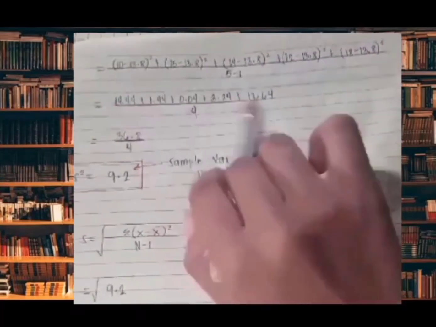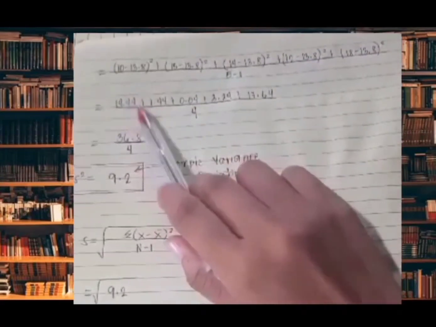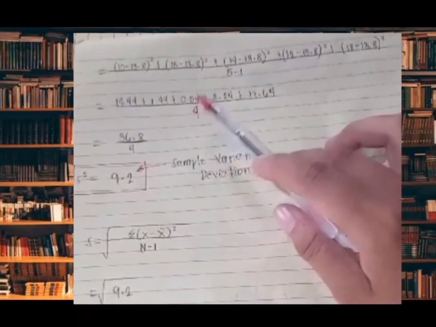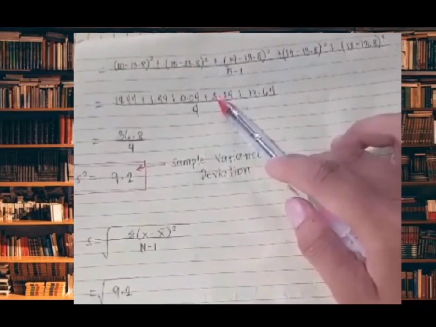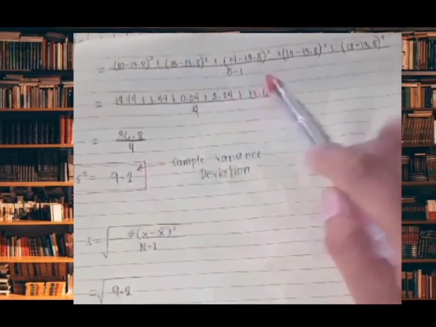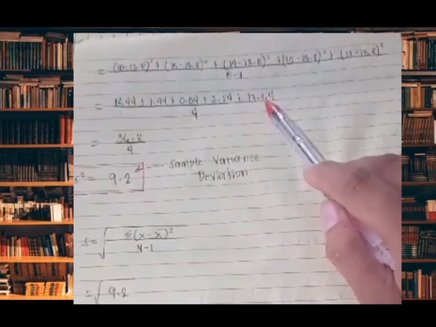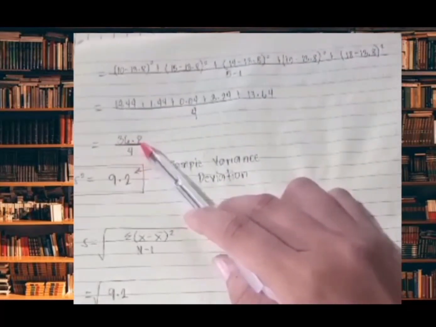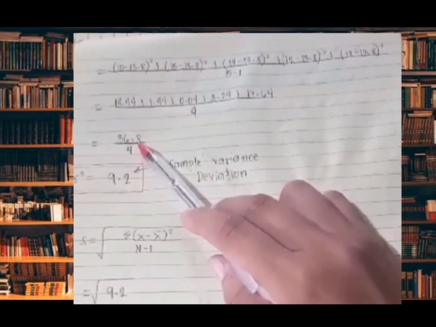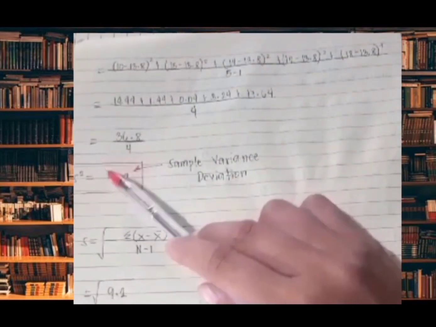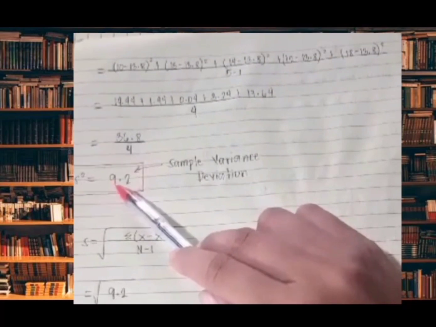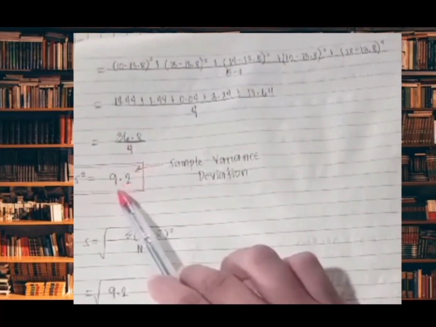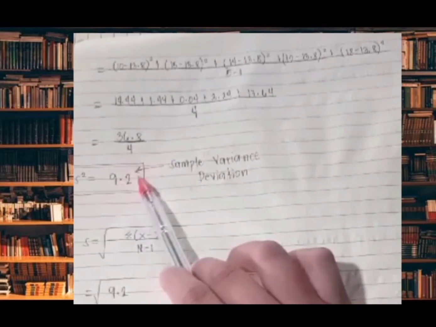And so this is the answer. 14.44 plus 1.44 plus 0.04 plus 3.24 plus 17.64 equals 36.8. 36.8 divided by 4, the answer is 9.2. So, this is the sample variance deviation 9.2.